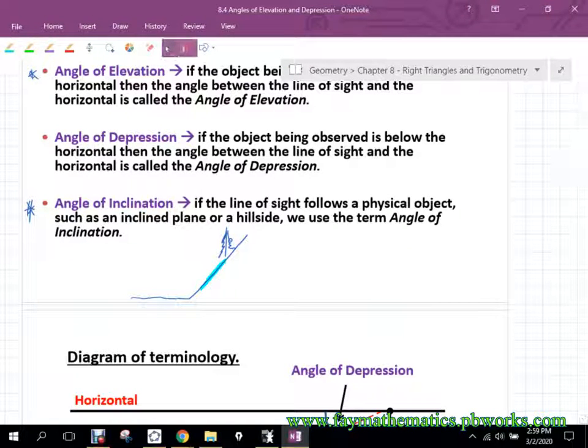They'll tell you that the hill is at a certain angle of inclination, which is essentially, if we take that horizontal line and keep tracing it out, that's your angle of inclination. If you were laying on your stomach at the bottom of the hill, my stick figure, and you looked at the base of this tree, would your line of sight follow that hillside? So that's what they're talking about when the line of sight follows a physical object.